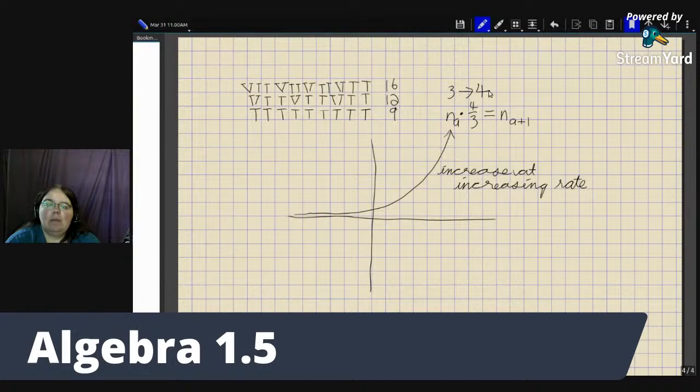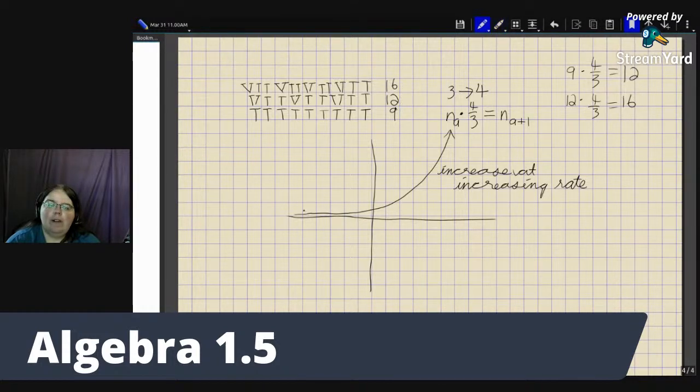So since 3 becomes 4, we're multiplying by 4/3 each time we go up, so 9 times 4/3, well the 3's cancel, so that gives us 12, just like we got there. 12 times 4/3, the 3 cancels, leaves a 4. 4 times 4 is 16.